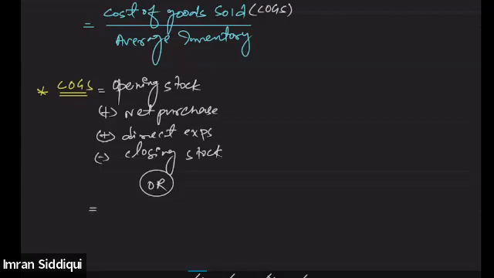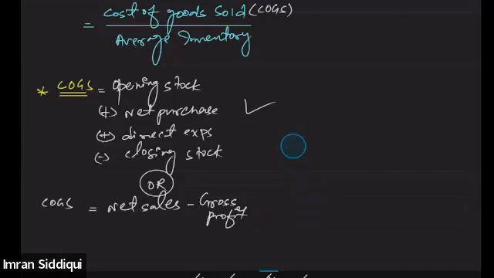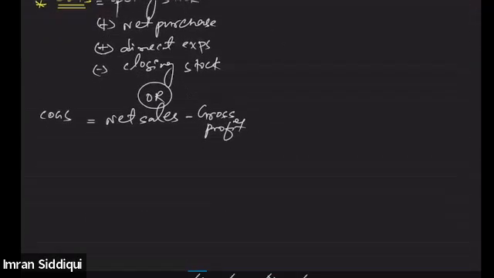Alternatively, we can find the cost of goods sold simply by subtracting the gross profit from the net sales of the company. Understood? Either this or this, whichever suits you, depending upon what items are given in the question, you can apply the first formula or the second to find the cost of goods sold.